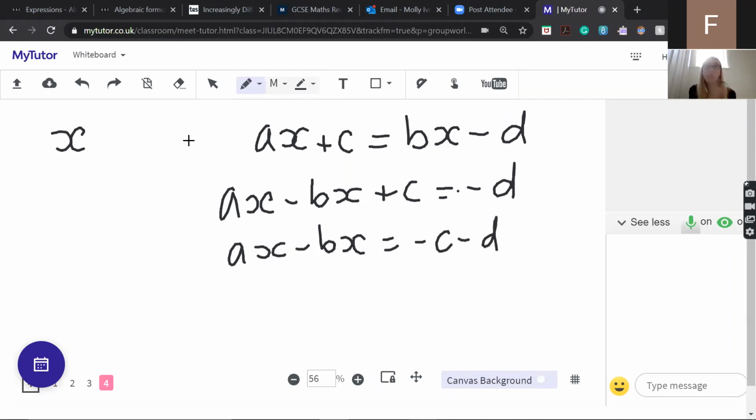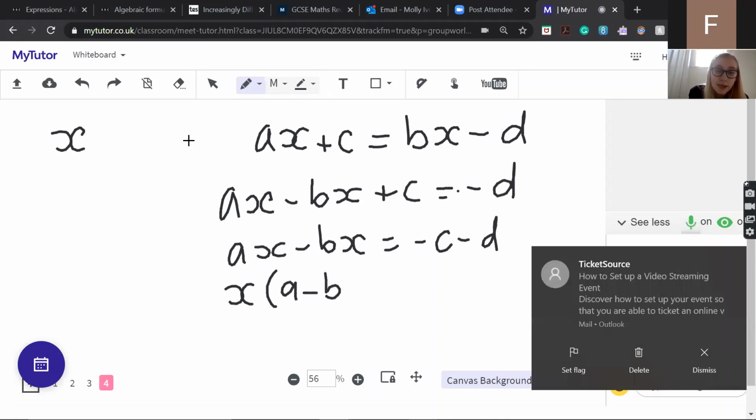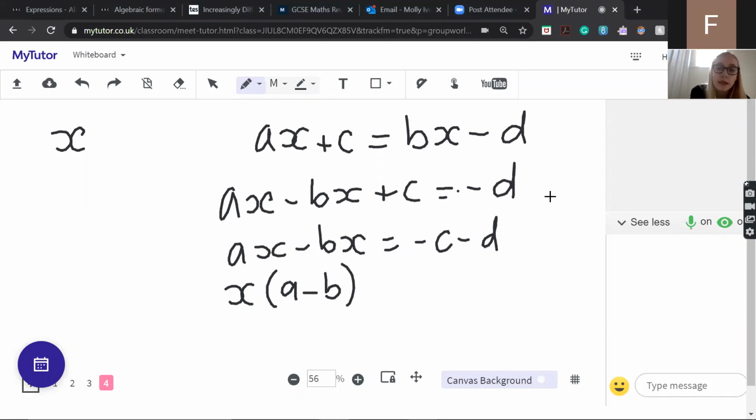So we've got everything that's got an x in it on the left, everything that doesn't have an x in it on the right. And now to get x by itself, we're going to take out a factor of x. So we're going to say that this is equal to x lots of a minus b equals minus c minus d.